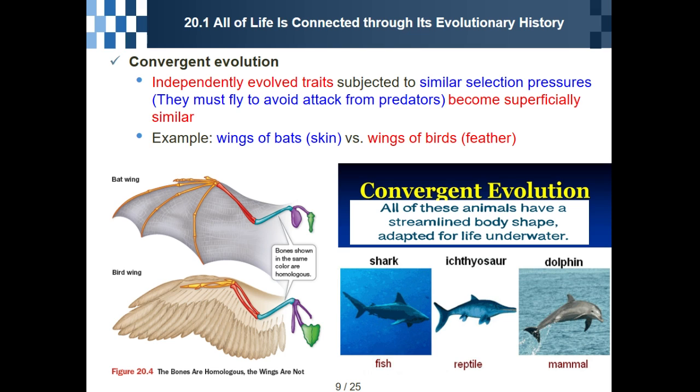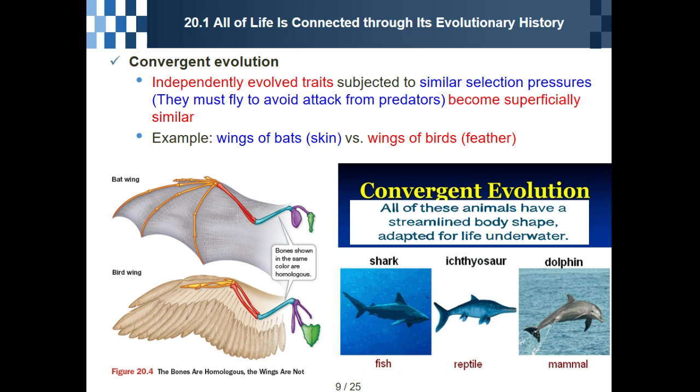Another example is this shark in underwater, and this is a dolphin, and this is the ichthyosaur. This is the 공룡. Okay. So this is a fish, this belongs to reptiles, and this belongs to mammals.